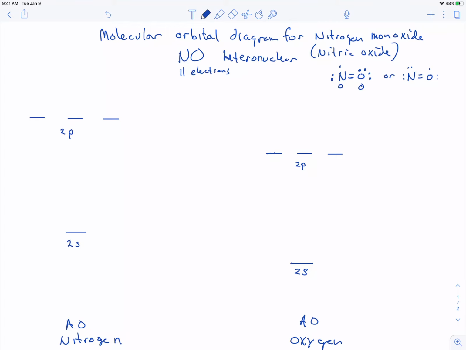On the right structure, on nitrogen it would be minus 1, and on oxygen the formal charge would be plus 1. So using formal charges, that would be our structure. We'll see in a minute if molecular orbital theory goes along with that.